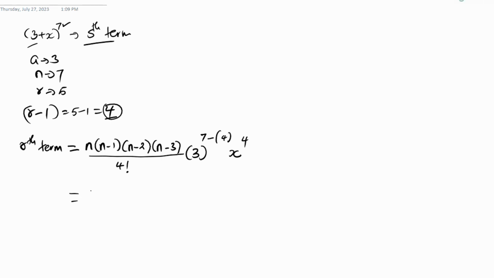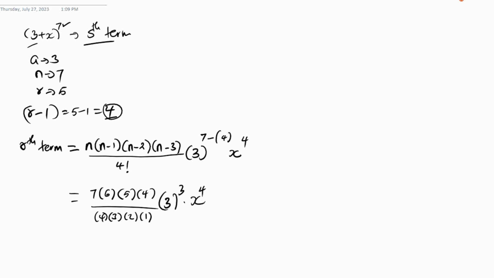This simplifies to 7 into 7 subtract 1 is 6, 7 subtract 2 is 5, 7 subtract 3 is 4, divided by factorial 4, that is 4, 3, 2, and 1, multiplied by 3 raised to 7 subtract 4, which is 3, multiplied by x raised to 4.